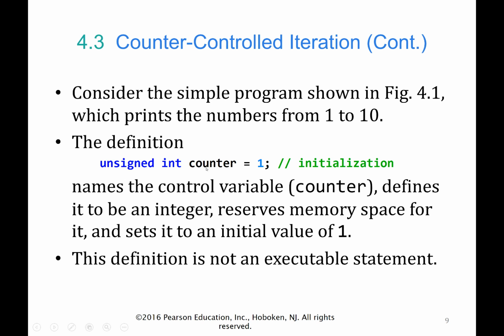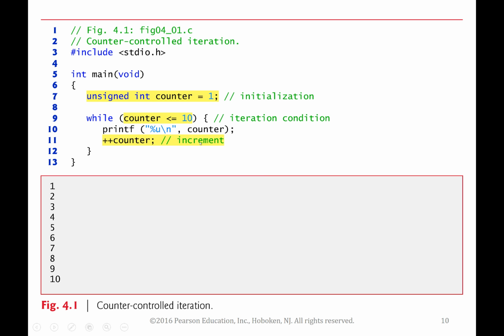Here we define counter as an integer. We initialize its value to 1. Now we can initialize it normally within the loop. The for loop usually has the initialization part in it. So this particular example is a while loop.